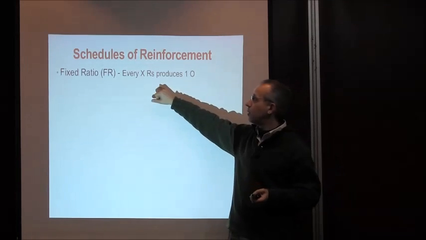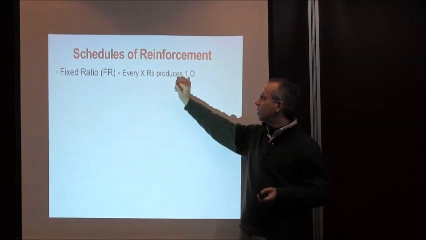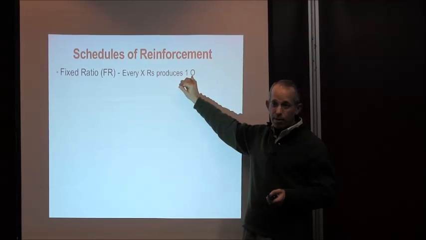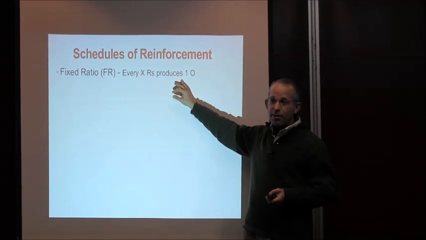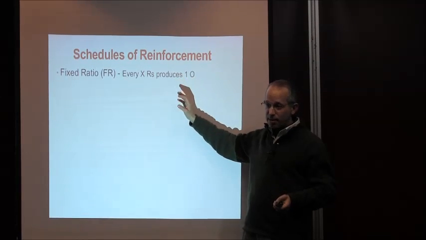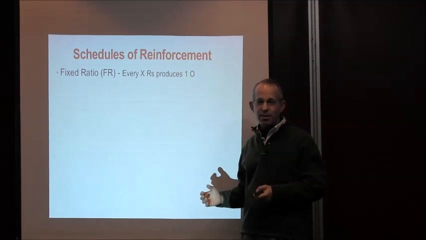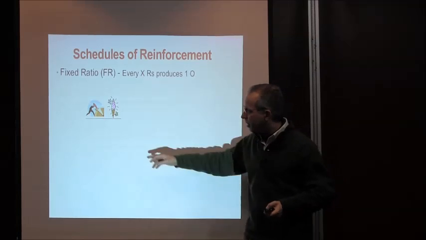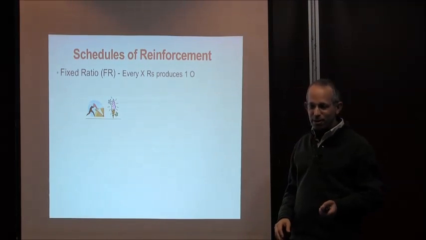So fixed ratio means every X responses, you get one outcome. Okay? So fixed ratio of 1 means every time you do something, I give you a reward. Every time you come and mow my lawn, I give you $10. Okay? So here, this is the response, the lever. This is the ice cream, which I guess is the reward.